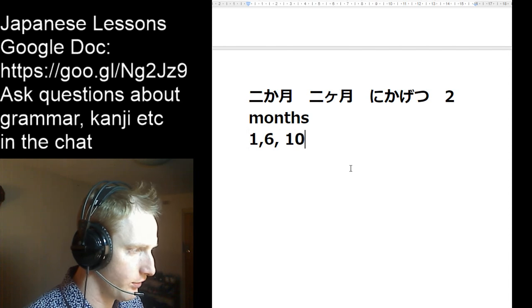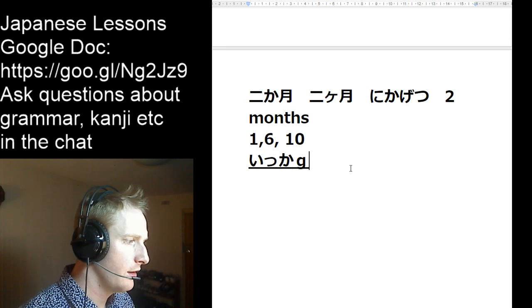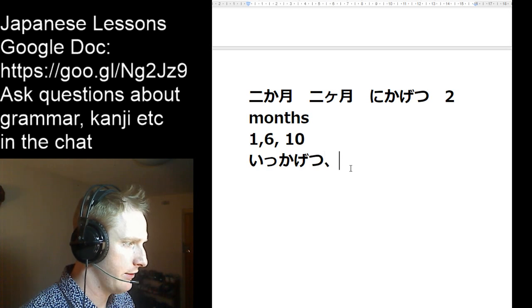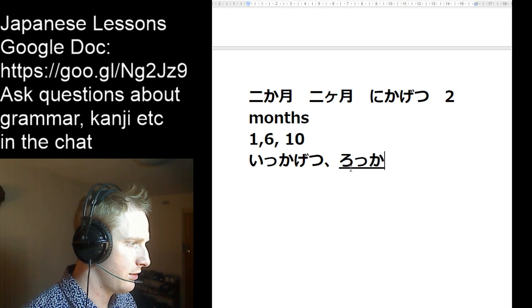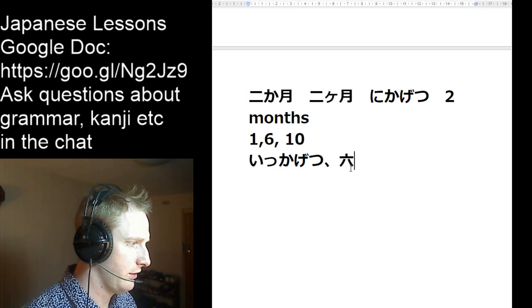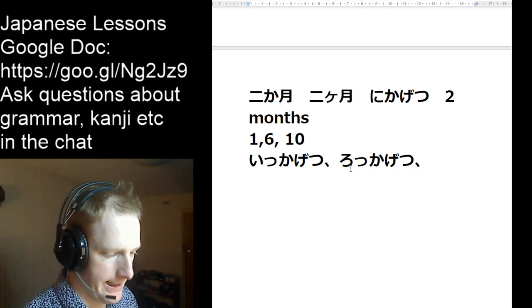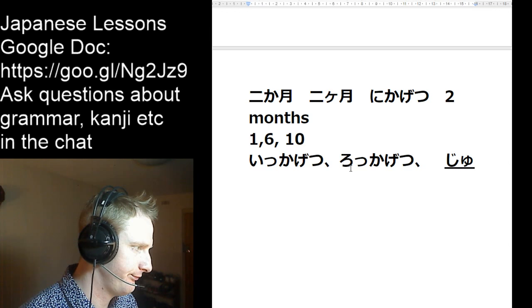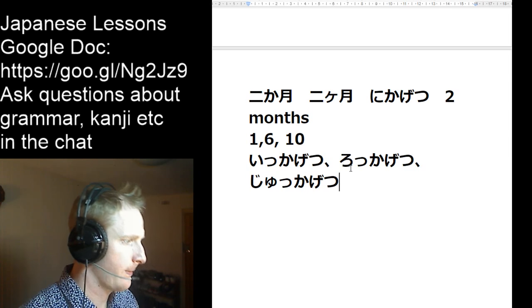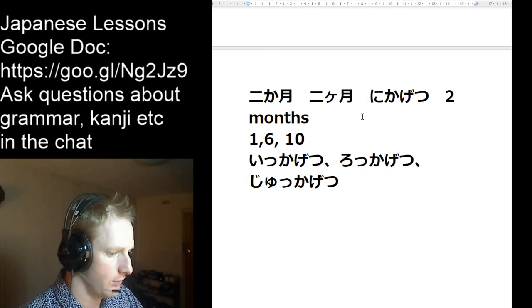Okay, and these are respectively Ikkagetsu, Rokkagetsu, and Jukkagetsu. Okay, Ikkagetsu, Rokkagetsu, Jukkagetsu. Okay, so those are the exceptions, otherwise they're all read regularly.